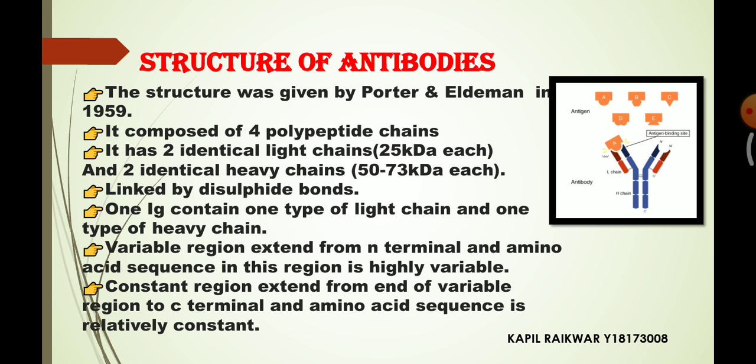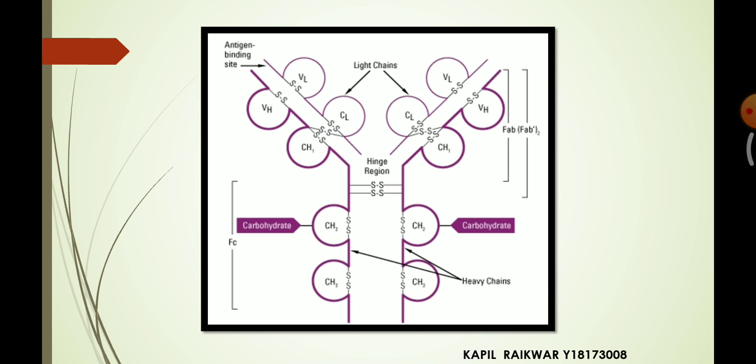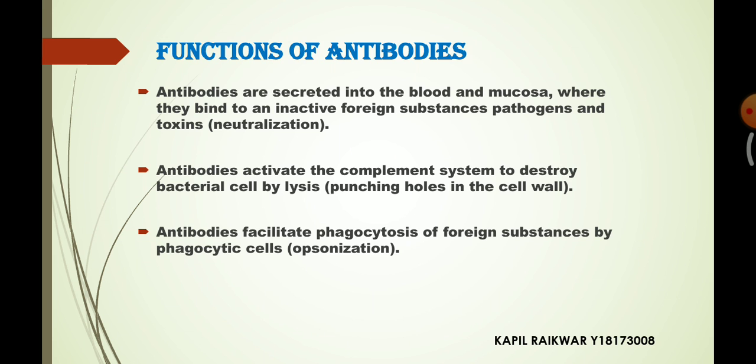This flexible hinge is found in immunoglobulin G and immunoglobulin D, which allows the distance between the two antigen binding sites to vary. Now, the diagram clearly shows where the light chains, heavy chains and the hinge region are labeled. Now let's move to the function of antibodies.